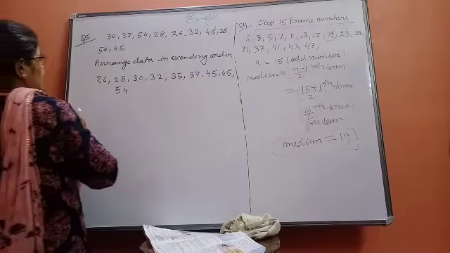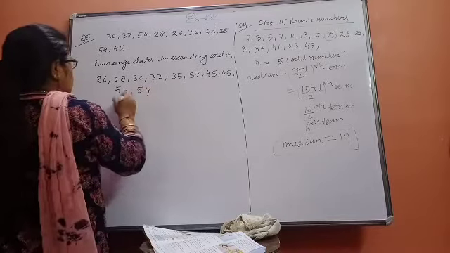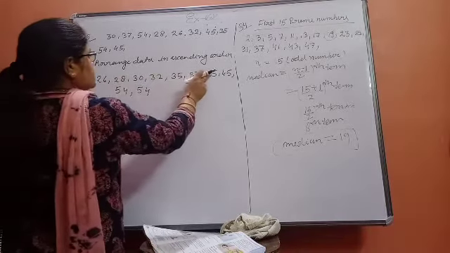So 54 is two times, beta. Okay, so these are 1, 2, 3, 4, 5, 6, 7, 8, 9, 10.